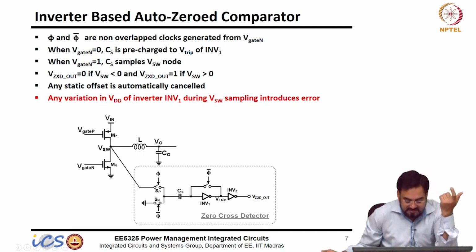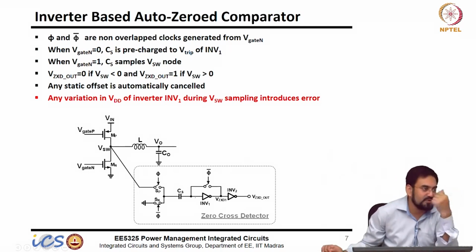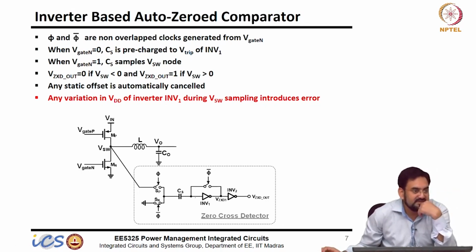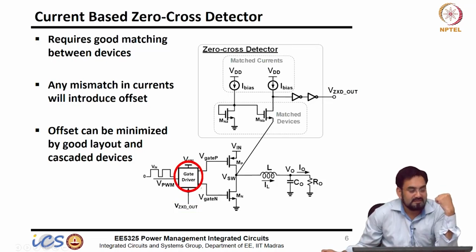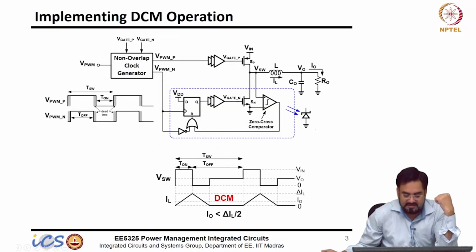By doing this you can use it for any input voltage, so this will act as a comparator. Here we applied logic only to make the comparator work. This ZXD is controlling your gate driver. So this ZXD is this.